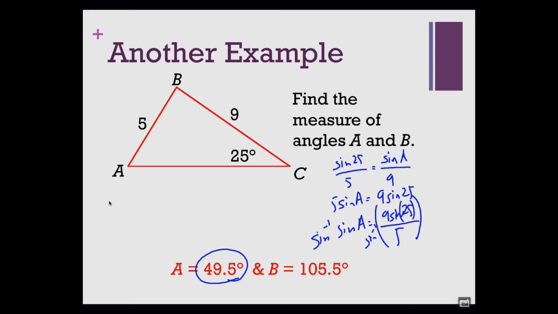No? May I? Are you in the right mode? Inverse sine of, parentheses are already there, 9 times the sine of 25, close parentheses. Is it double close parentheses there?